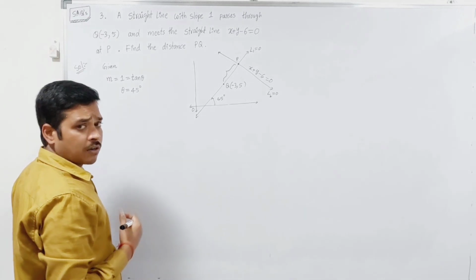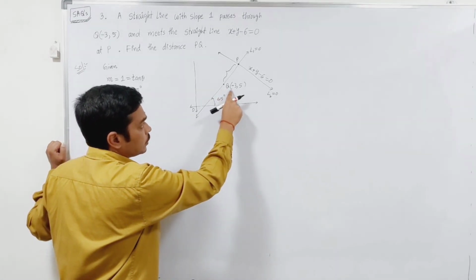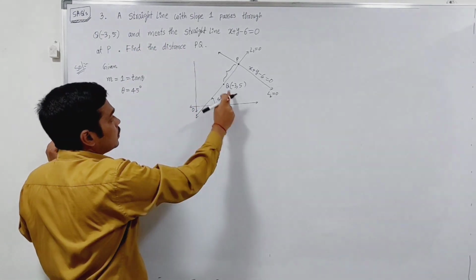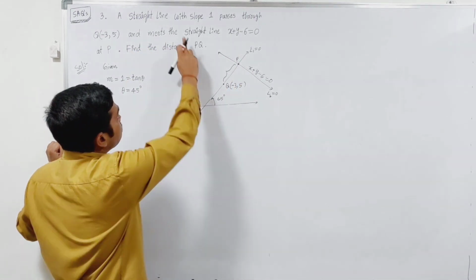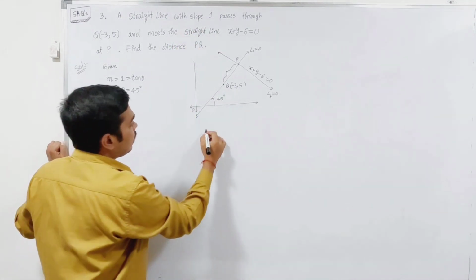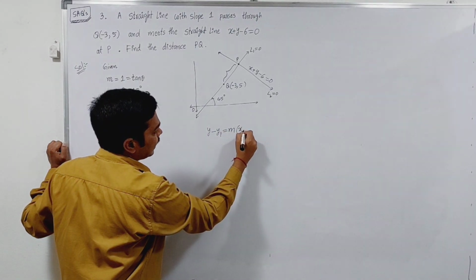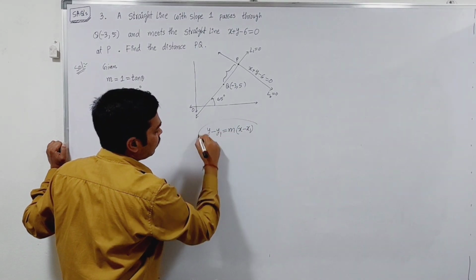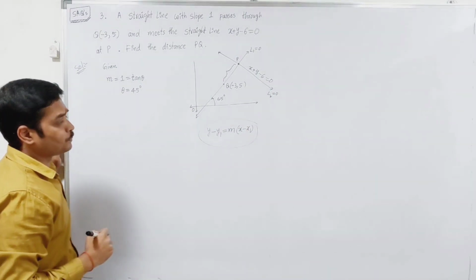How to get the equation of L1? Already we know one point on L1, that is Q, and the slope is also given as 1. By using the slope-point form, y - y1 = m(x - x1), we can get the equation of L1 = 0.